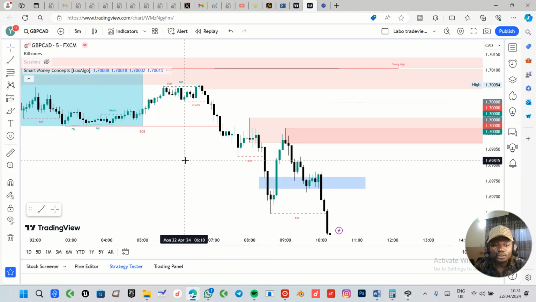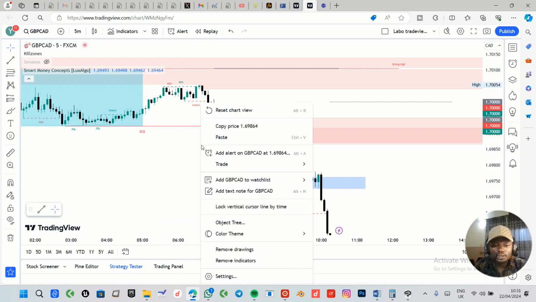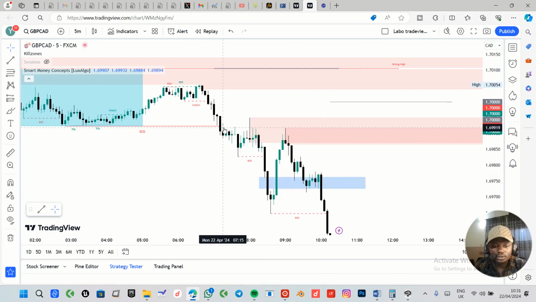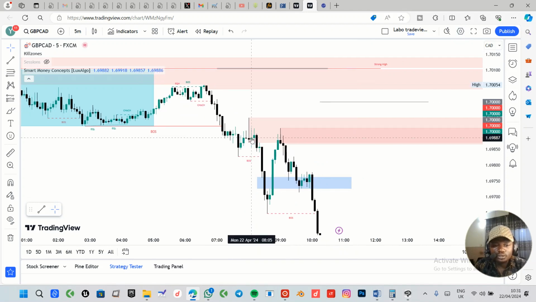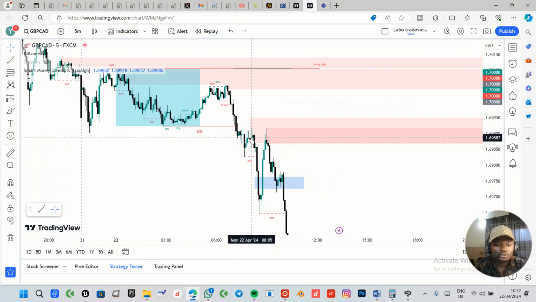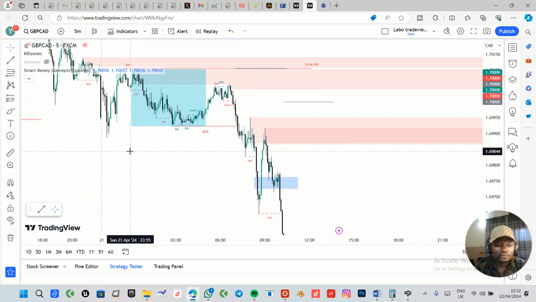If you are on TradingView, you right click, go to settings, you see session breaker events. Good. Click on events, then click on your session breaker. So it's going to separate each day for you. You see the separation, you see this line.